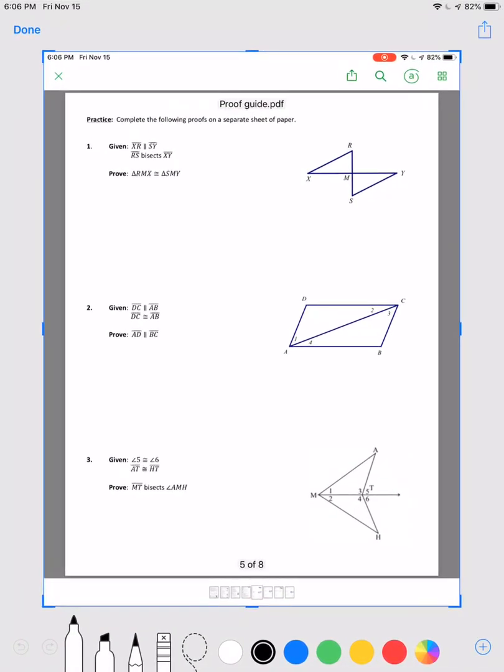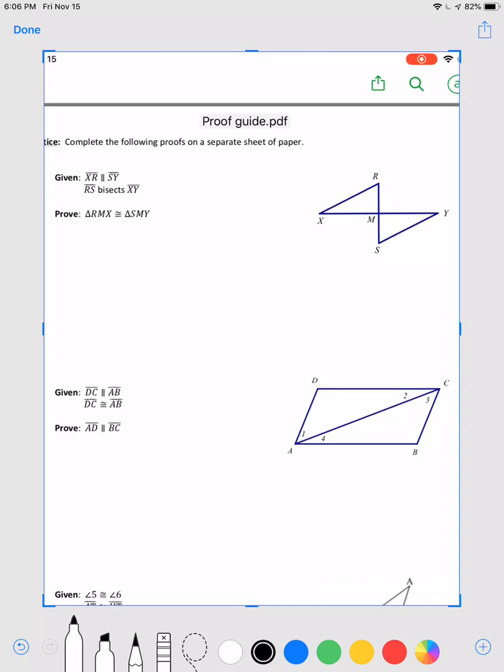So let's look at the first one. The first one says that line segment XR is parallel to SY. XR parallel to SY. Those two being parallel should make you think of possibly alternate interior angles, corresponding angles, some of those transversal type theorems.